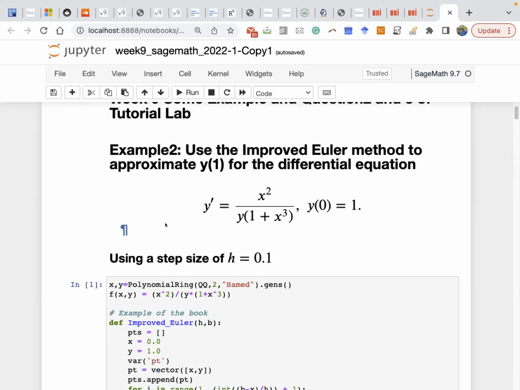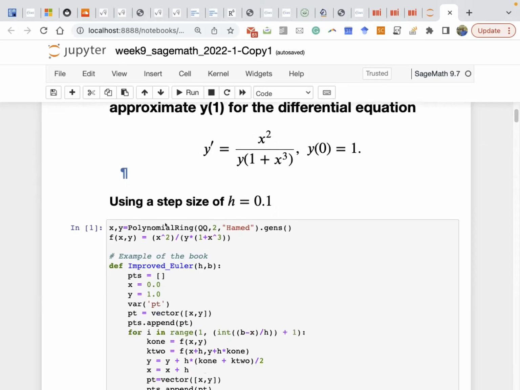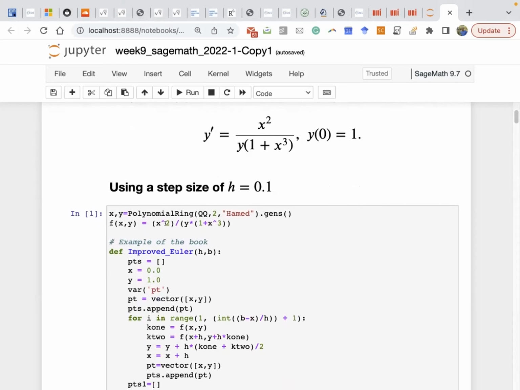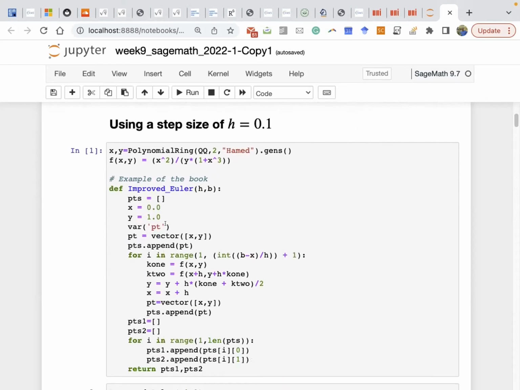Can you determine what it is? How can you solve this one? Yes, separable, thank you. So let's do step size 1/10. This is the way that we define x, y, which can be variables.